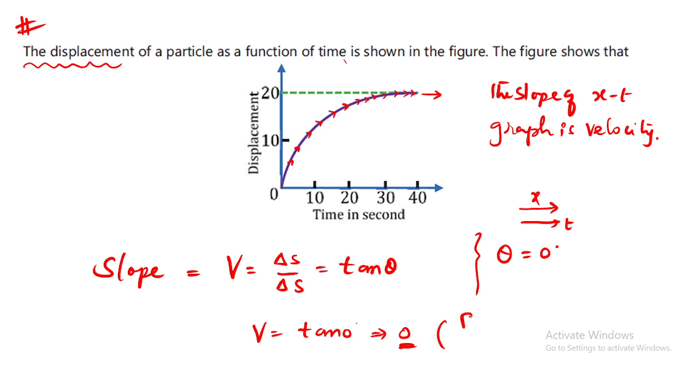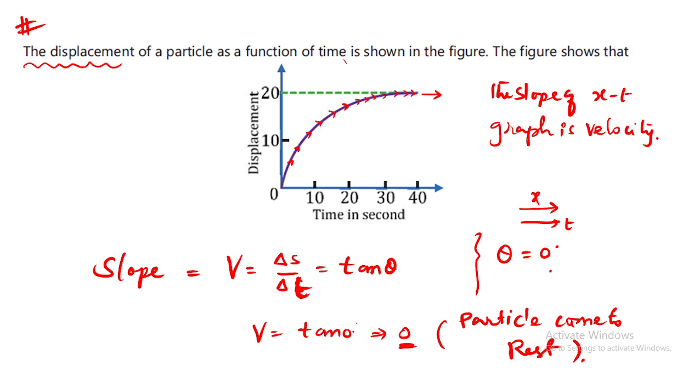Yes or no? So the particle came to rest. Okay. Earlier it increased like this non-uniformly, but at a sudden point it became constant. Now what is happening here? I can go with the slope of the graph, which is the xt graph. So slope is nothing but velocity, which is change in displacement by time, and then tan theta. Theta is actually 0 degrees.